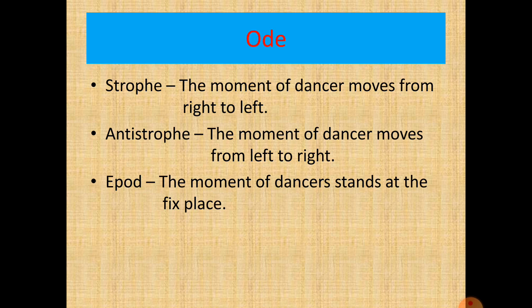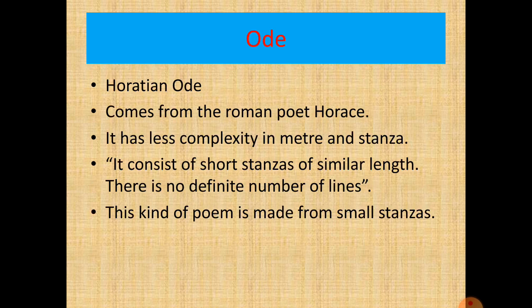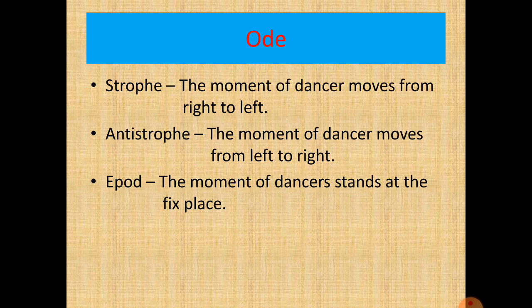The first two stanzas, strophe and antistrophe, are equal in meter, but the length and structure are different. Now the third stanza, epode, is different in all.